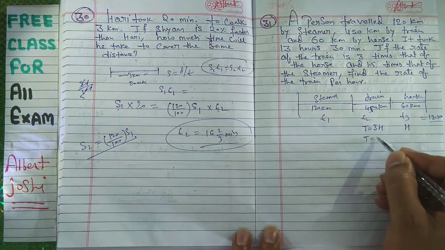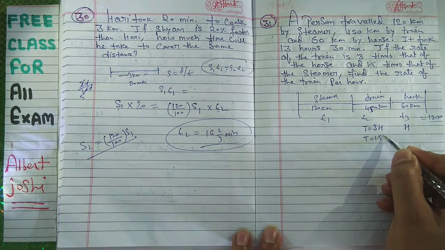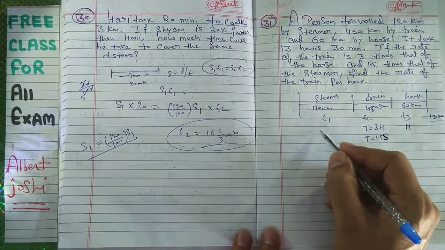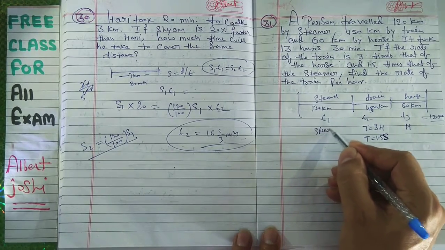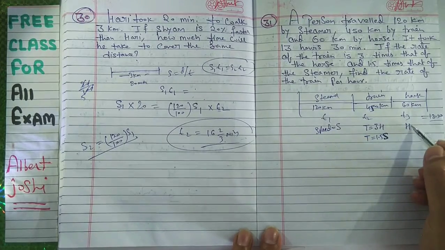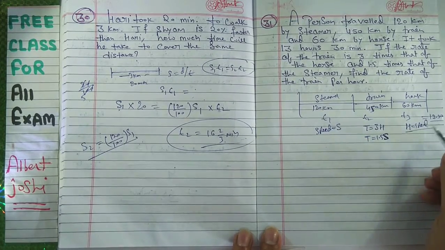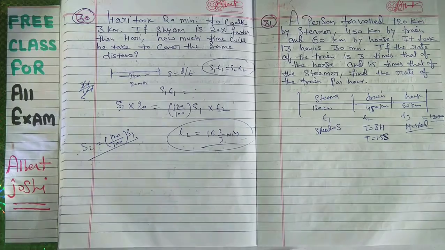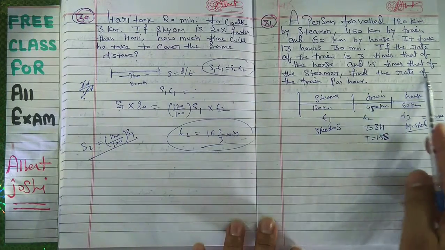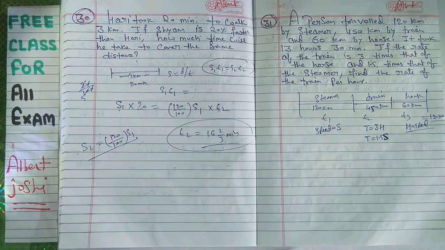Train speed is equal to 1.5 times that of the steamer. Steamer is equal to s. Here speed is equal to s, and here speed is equal to h. So find the rate of the train. Now he is asking the rate of the train.